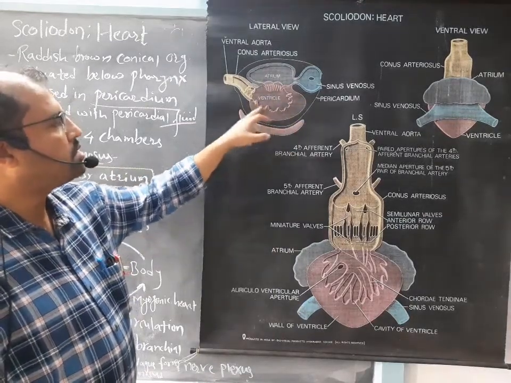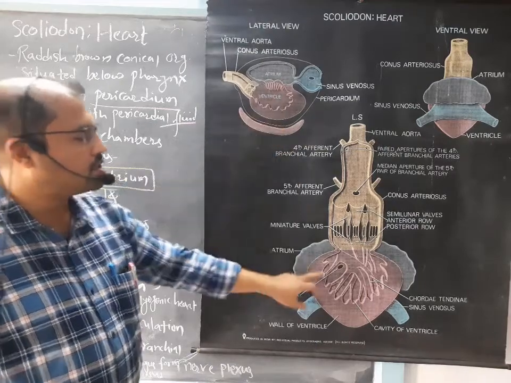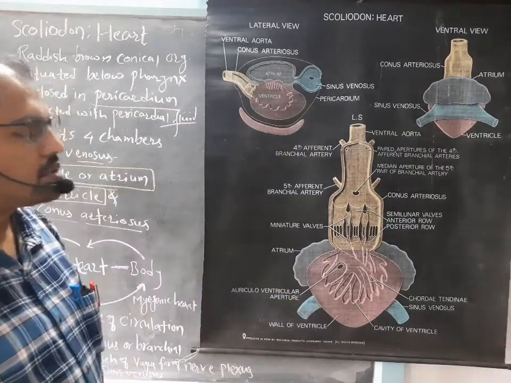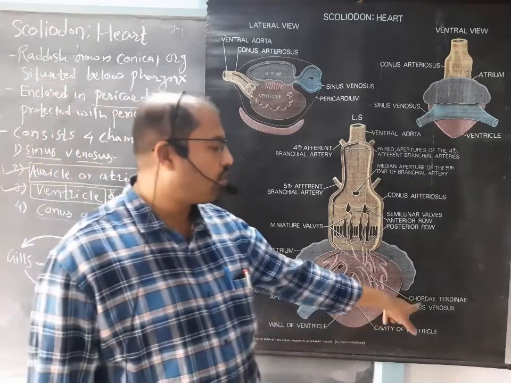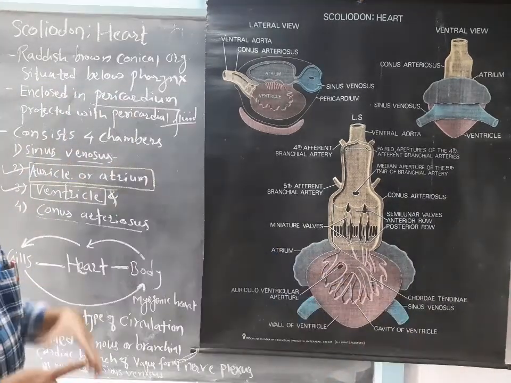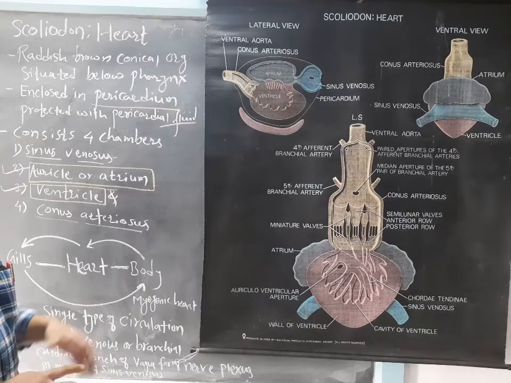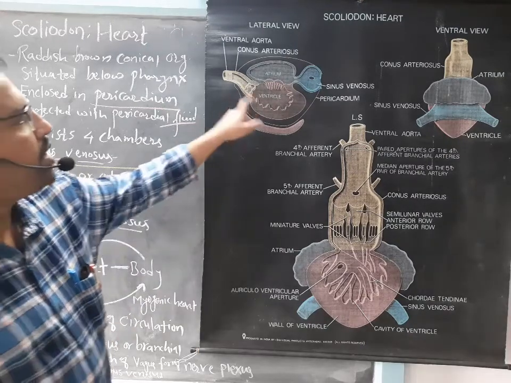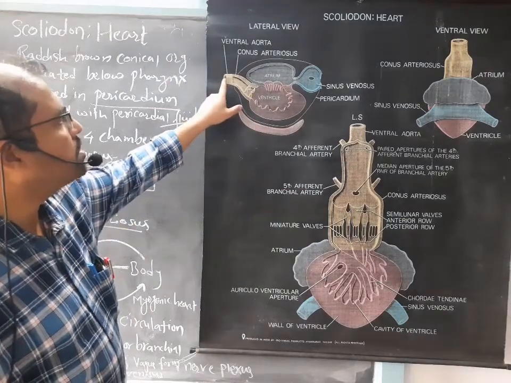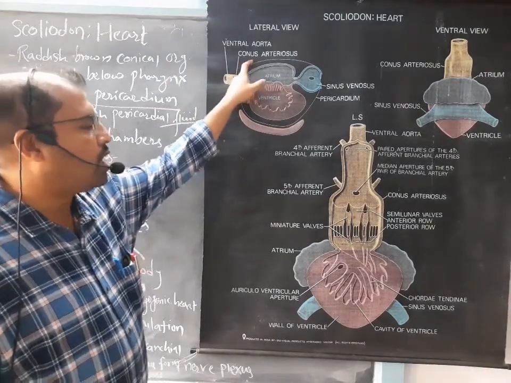The ventricle has a more triangular, bulgy structure. The walls are guarded with chordae tendineae, which hold the ventricle during pumping. From the ventricle the blood passes into the next portion, the conus arteriosus.